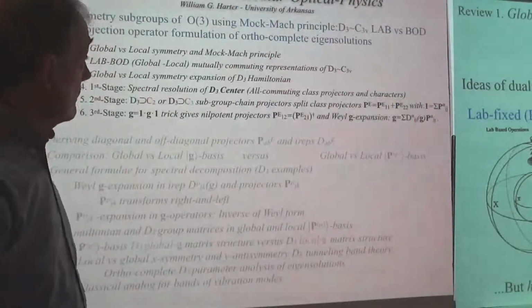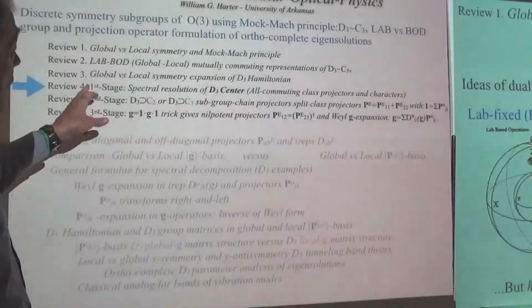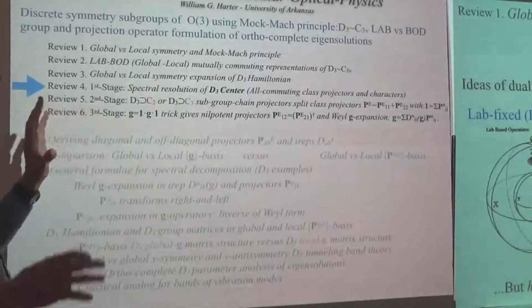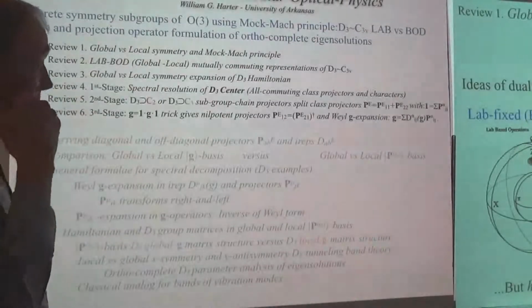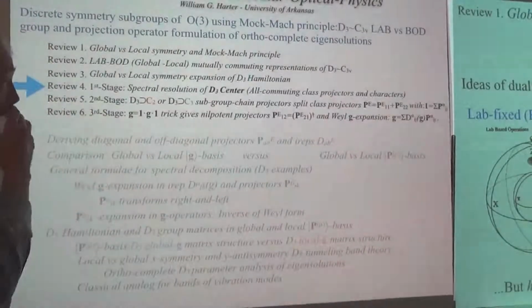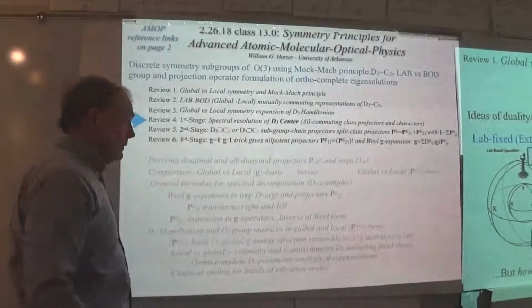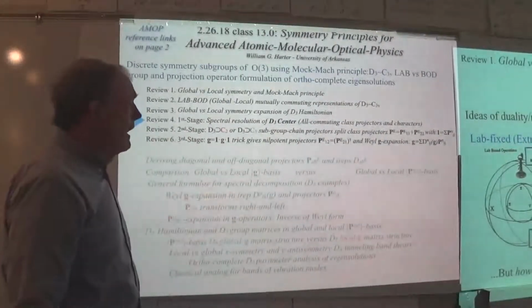Okay, now the first stage, and then the second stage, and then the third stage are something that I want to make as clear as possible today. We've already been through these 3 stages very quickly through the third one, so we're going to be spending most of our time on that one.